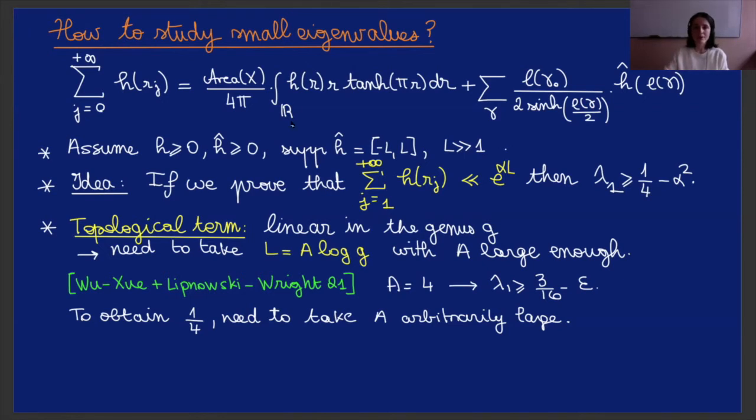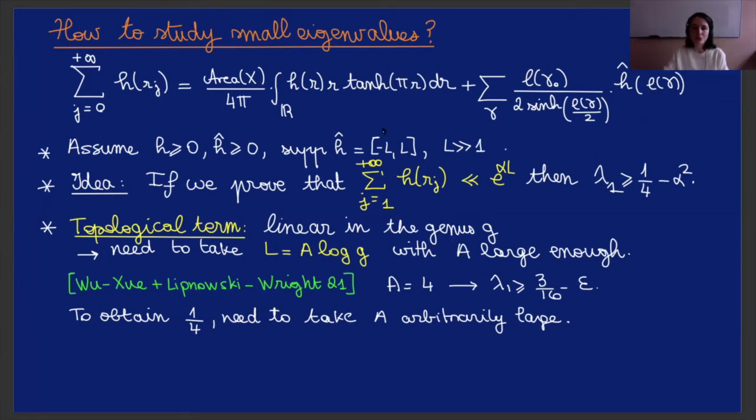I recall that the support of H hat is minus L, L, and here there's H hat. So the support of H hat is going to tell us which sizes of geodesics we need to look at in this term.